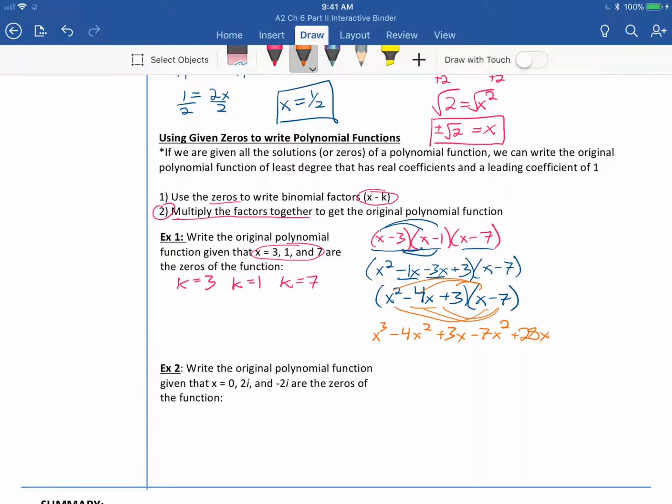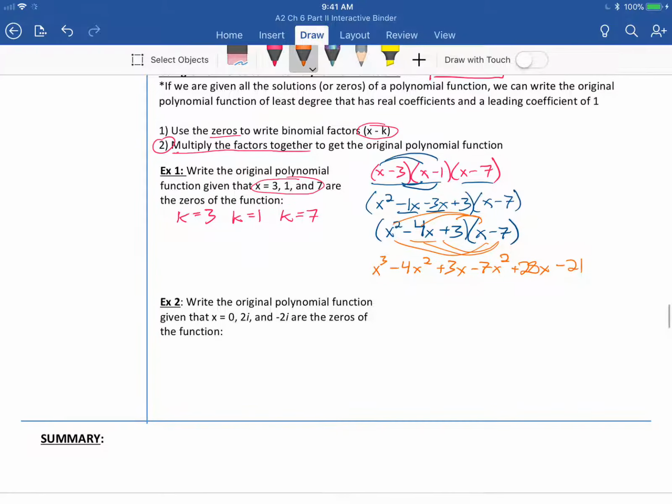And negative 7 times 3 gives me a negative 21. For my final answer, I combine like terms. My x squareds combine, and my x's combine as well. So I have x cubed minus 11x squared plus 31x minus 21. That's my original polynomial that has zeros of 3, 1, and 7.